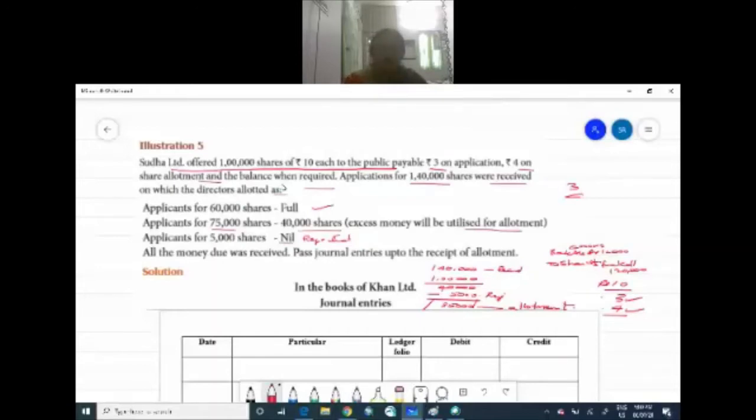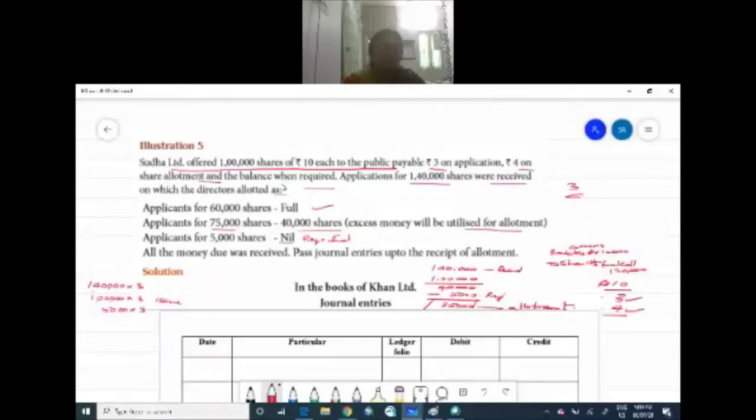Now we're going to receive for 1,40,000 shares into 3. And then actually you're going to only issue 1 lakh shares, so 1 lakh into 3. This is the actual issue. The balance, 5,000 shares, you're going to reject.